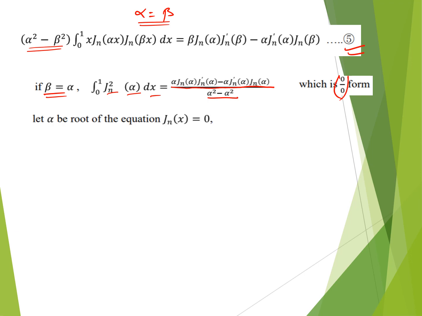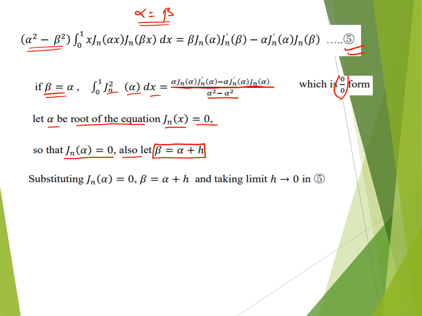So let us assume alpha is a root of the equation Jn(x) equal to 0, so that Jn(alpha) is equal to 0, and also let beta be equal to alpha plus h.